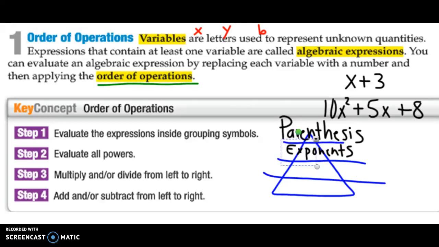After that, we start looking at multiplication and division. I'll abbreviate those because it's a lot more to write. And then finally the last part, the biggest part, is always the adding and subtracting.